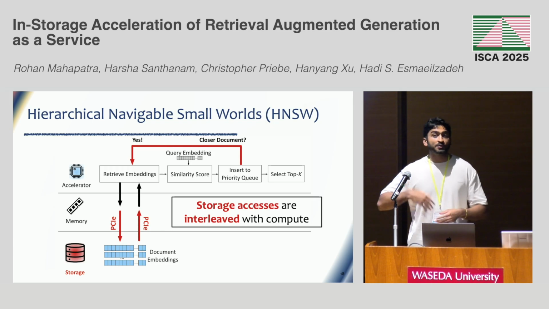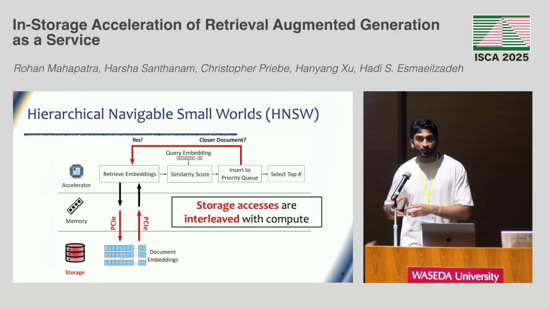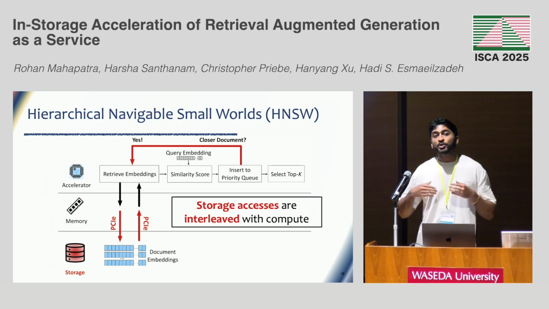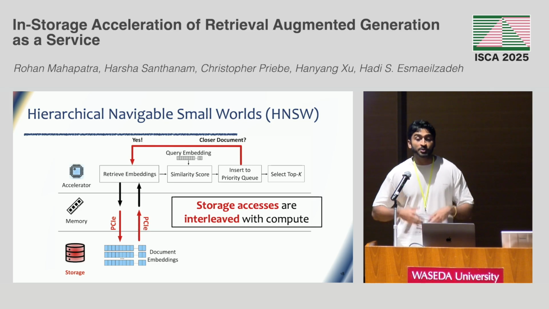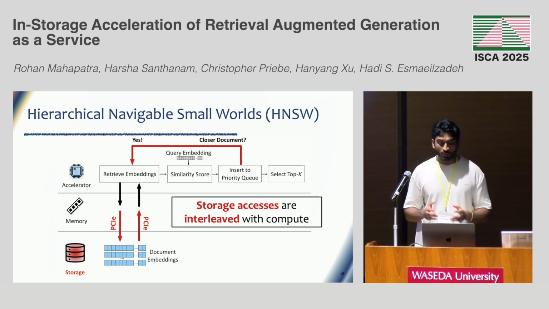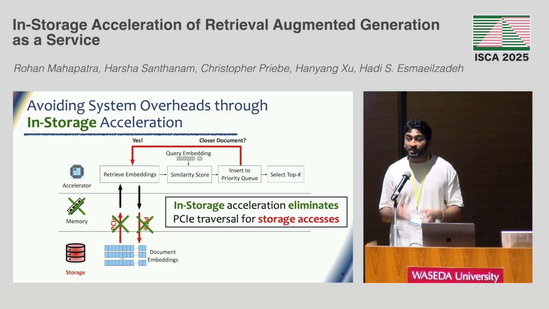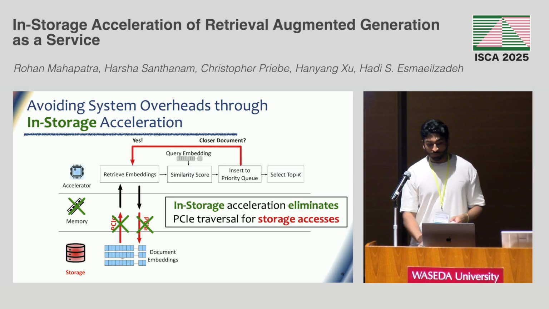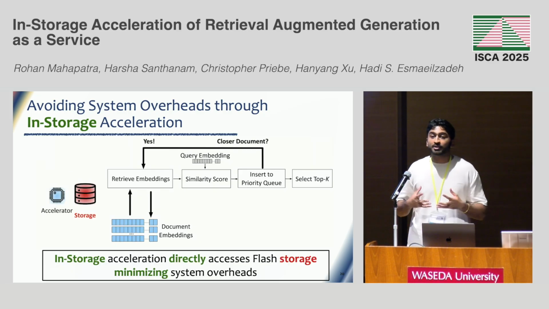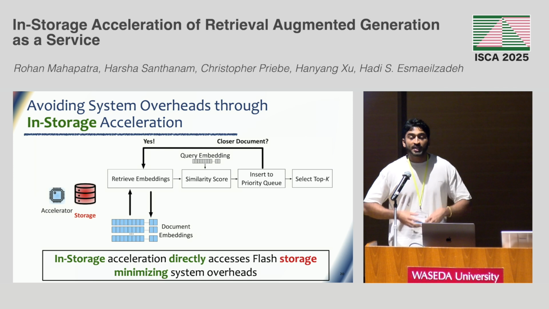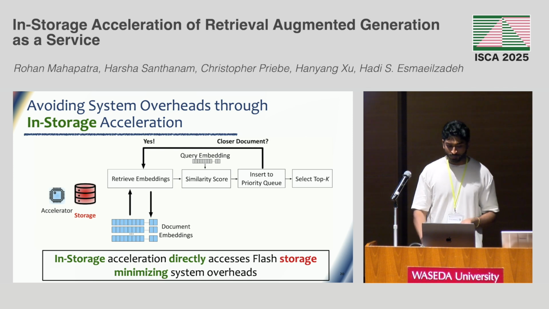And again, for this, you have to traverse PCIe to get those embeddings from storage into memory. You do this over and over and over again until you found the closest documents to the query. By moving in storage, we can eliminate this PCIe traversal. More specifically, we give our accelerator direct access to flash to minimize the system overheads.